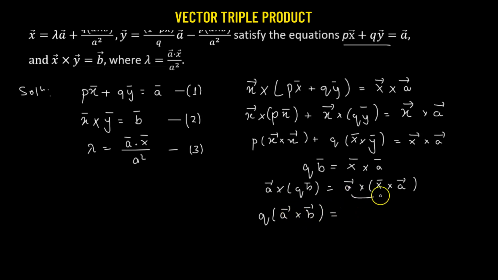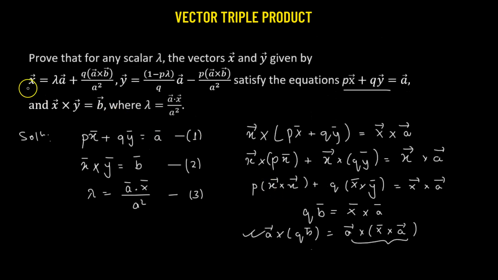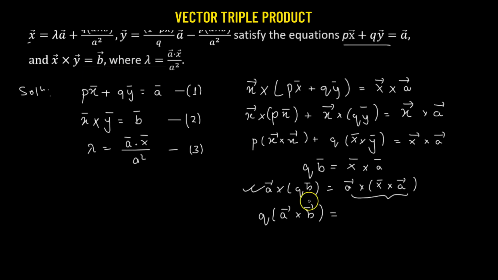Now we'll have to use the vector triple product. But before that, I would like to state how we knew that we need to take the cross product with a. If we look at the expression for x, or the expression for y, we need an a cross b. So we are trying to find the value of a cross b from here.